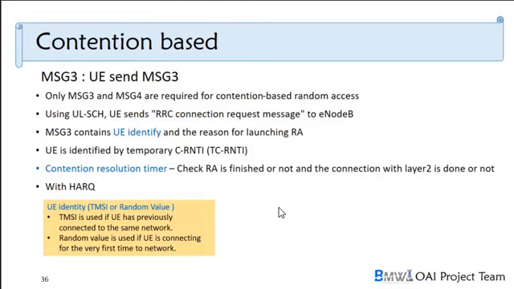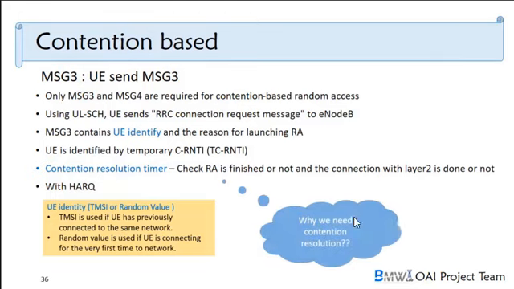And why do we need this timer? We need it because of the collision situation. If there are a lot of UEs, they may choose the same preamble, because as I said before, the preamble is selected randomly.